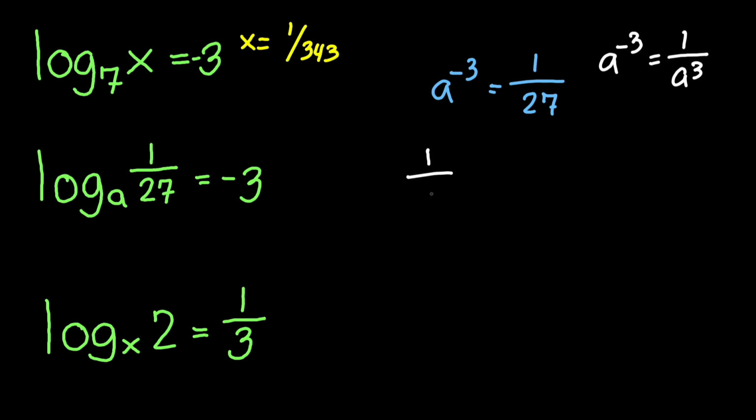So, rewriting this, you would have a problem like this. In order to simplify, we can cross multiply. So, a to the power of 3 will go up, and also the 27 will go up. So, this should be 27 is equal to a to the power of 3.